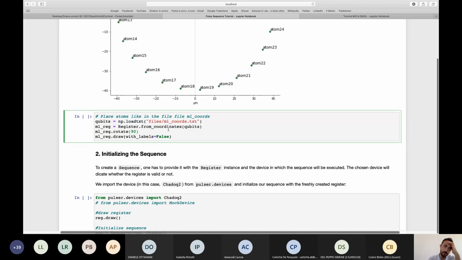So if I run this, which graph? Please write in the chat what you think ML stands for. If you have no idea, write no idea.